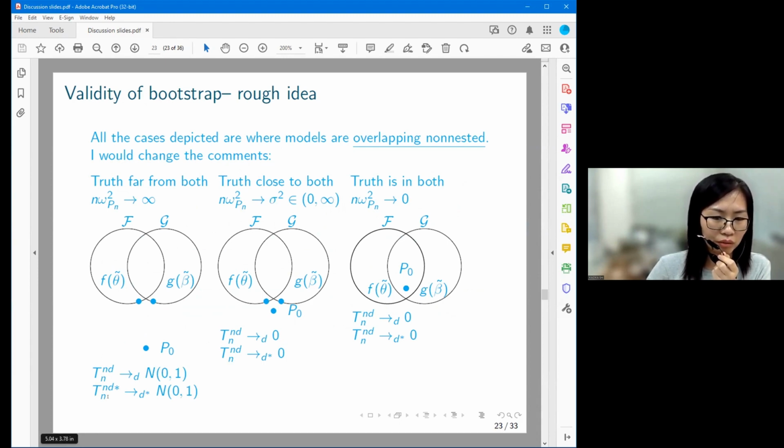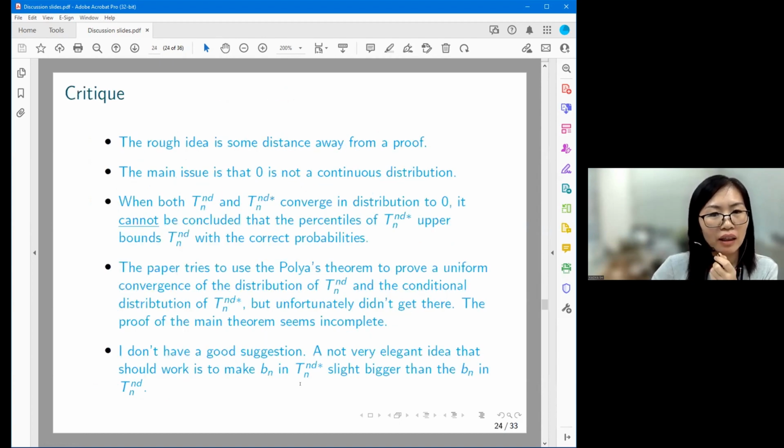Therefore, the bootstrap critical value is close to the right critical value to use. And in the other cases, both the test statistic and the bootstrap statistic converge to 0. Both of them are close to 0. So it looks like the bootstrap works fine because it always has the same limiting behavior as the test statistic.